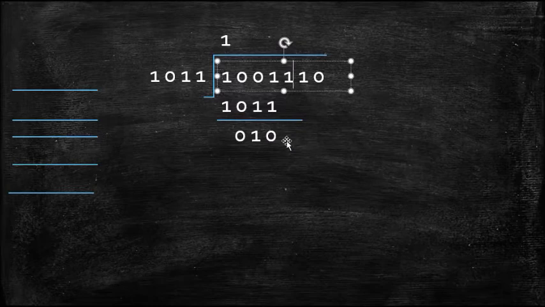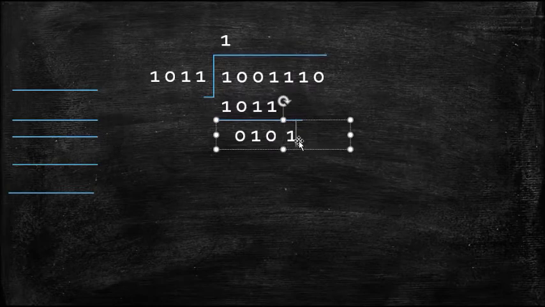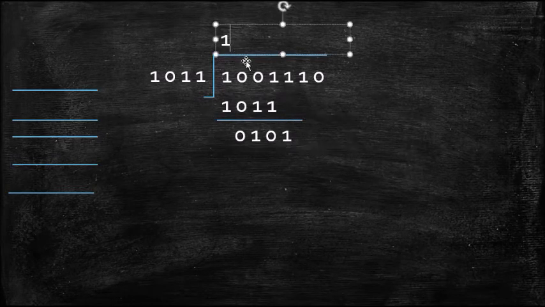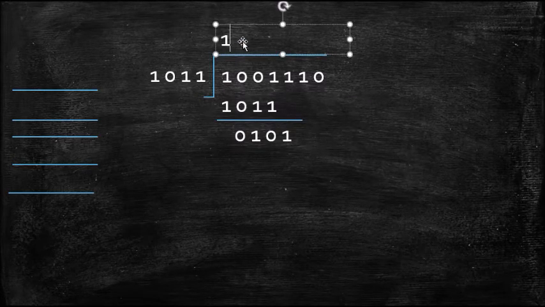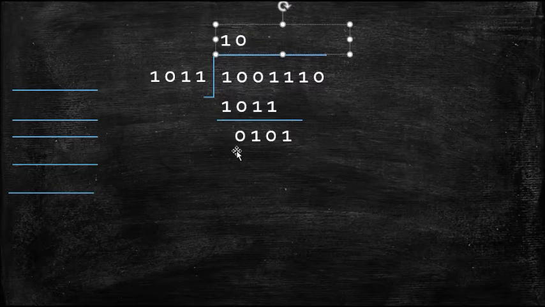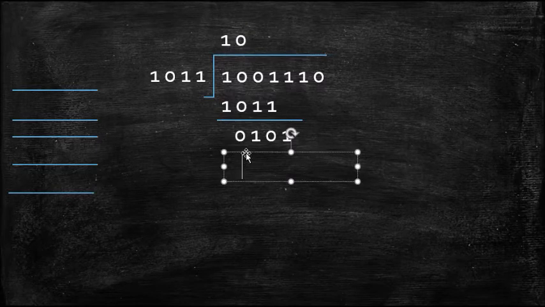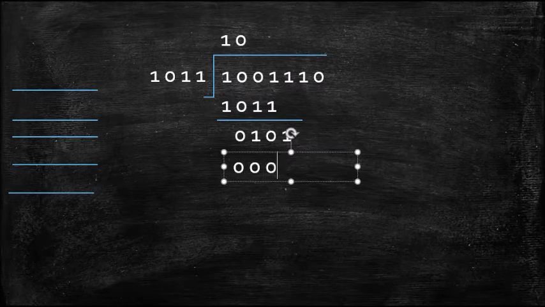Then we bring the next bit down. What can I divide here? Because this is 0, this is 1, so 0, so we become 0, 0, 0.